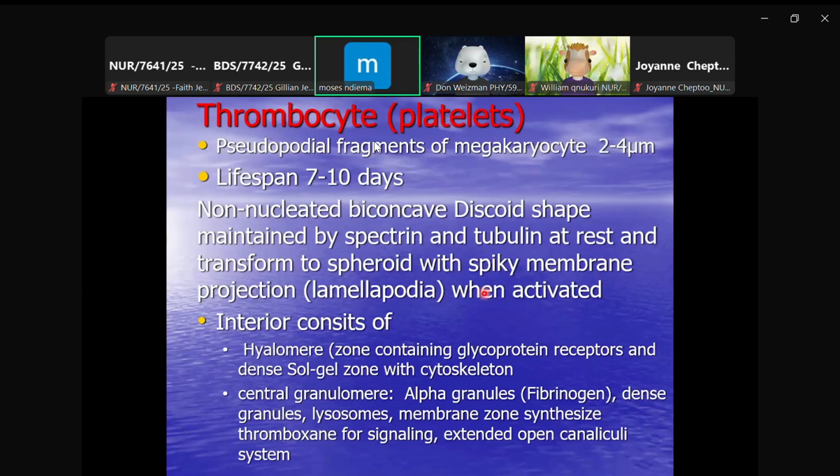And then the natural killer cell, which is slightly larger than the B cells. These are able to destroy viruses, and also cells infected with viruses or cancer cells, and therefore they are normally larger compared to the other lymphocytes.